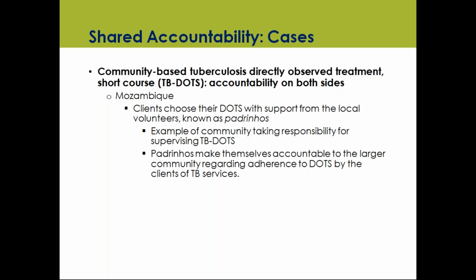So these 3 examples or cases are just to show how community and health system can come together, with the community being in charge of what they want to do, and helping the health system in its efforts to improve the health of the community.